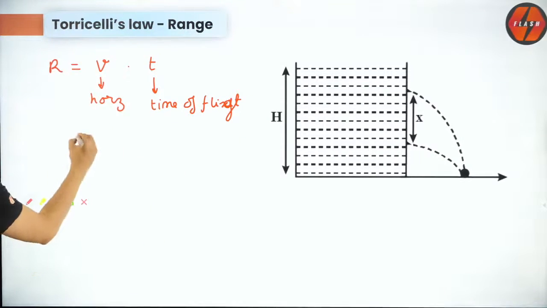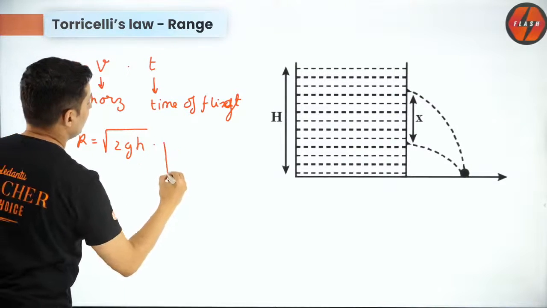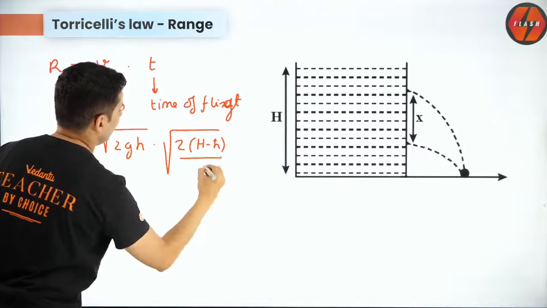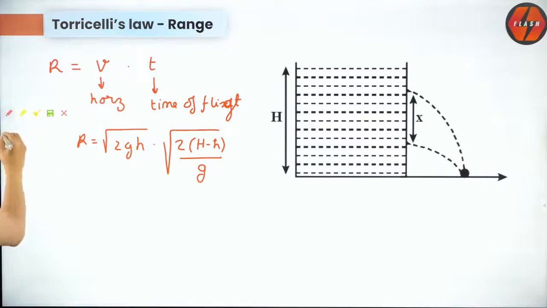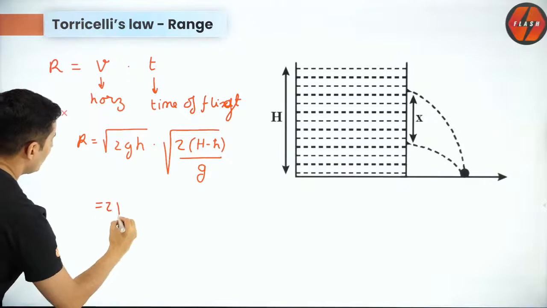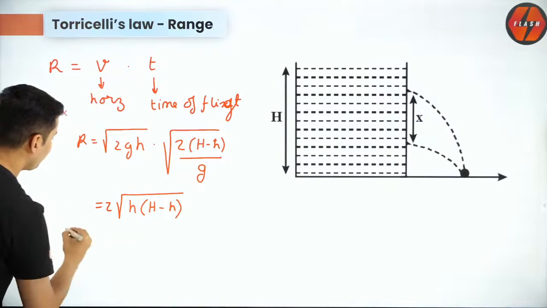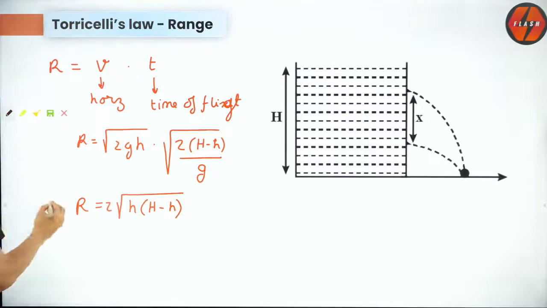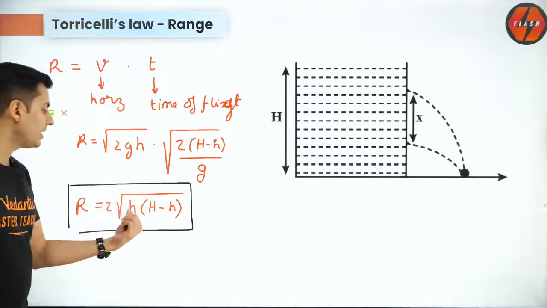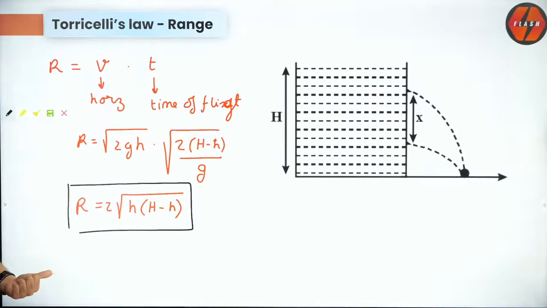So it will be nothing but root of 2gh multiplied by root of 2(H minus h) by g. Now think about it. g gets cancelled and you will get 2 root h into (H minus h). This is what the range comes out to be. You're supposed to remember this formula. Very important. h into (H minus h).